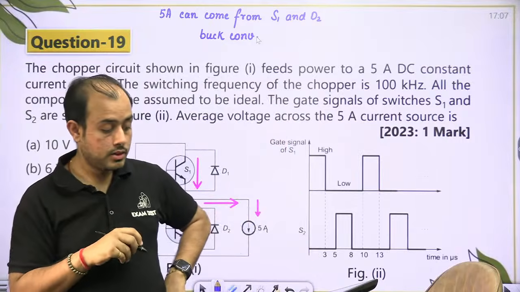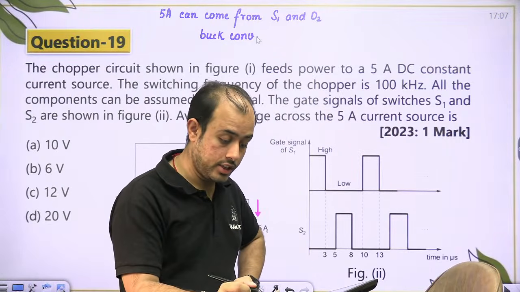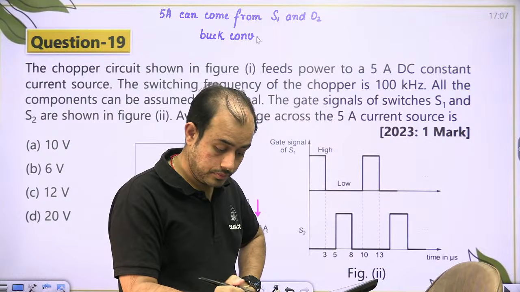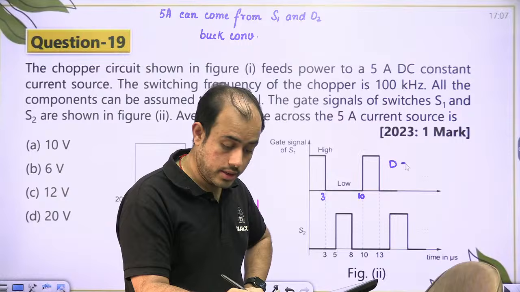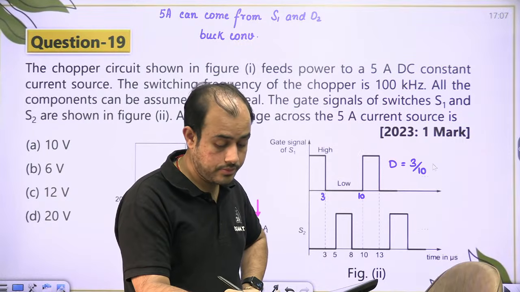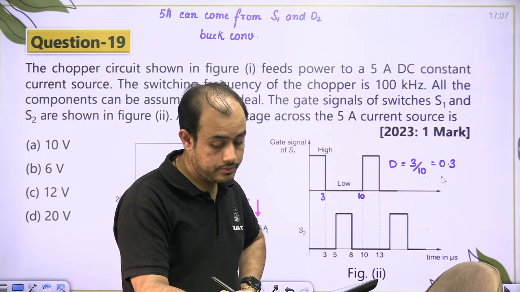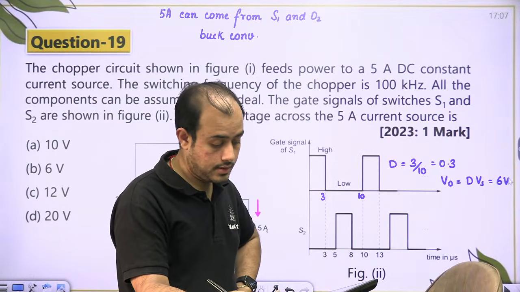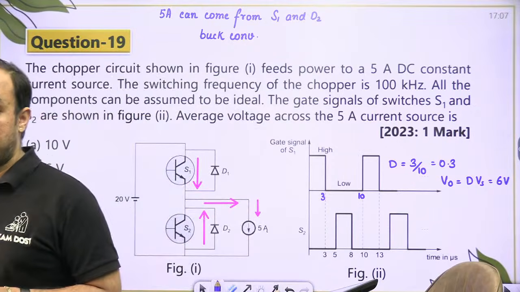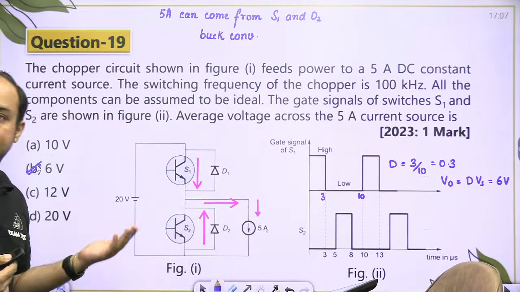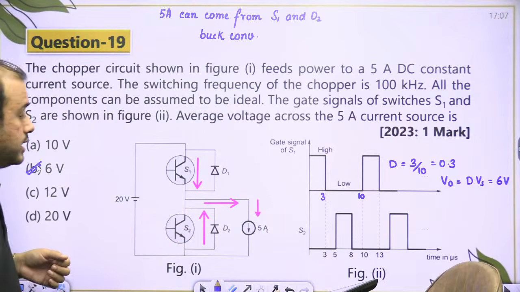Okay. So what is the average voltage? So duty cycle 3 by 10. 6 volt. Done. Because only S1 and D2 can provide this current, it will become a buck converter.